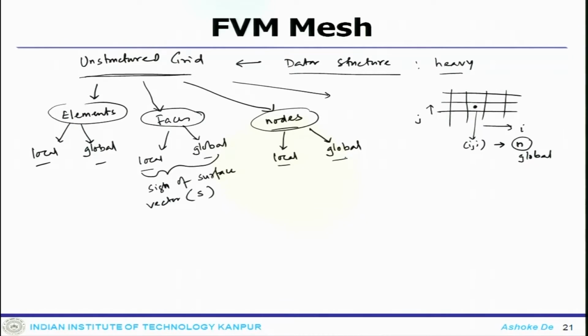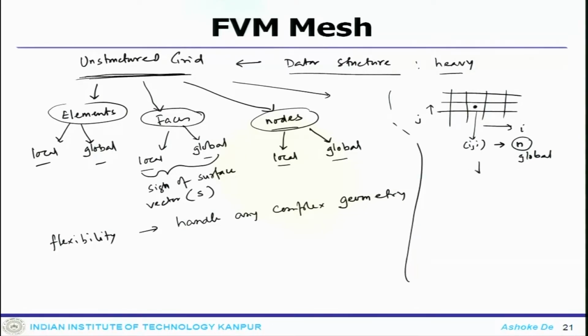But the flip side of it is that the unstructured system is where you have a lot of flexibility. Flexibility in the sense you can handle any complex geometry. Having said that, it does not mean that in a structured system you cannot handle complex geometry.